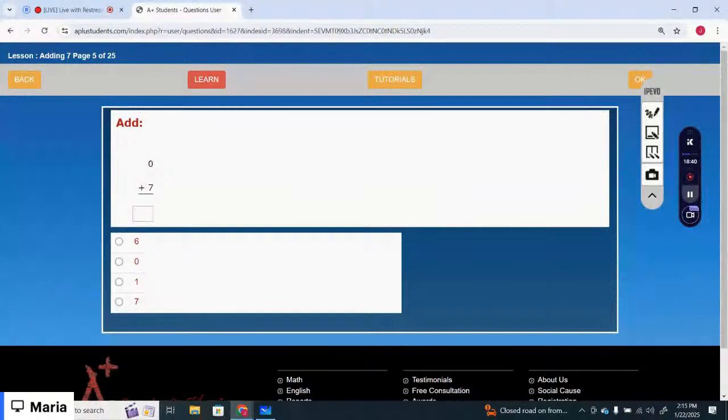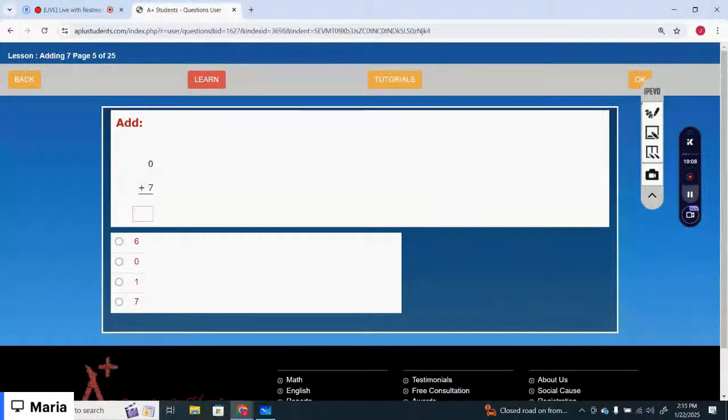7 plus 0, which is the correct option? 7 plus 0 makes 7.